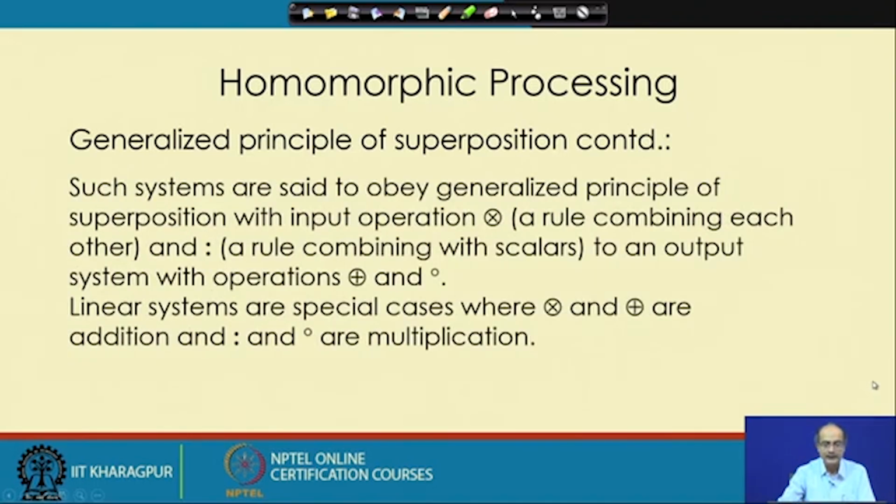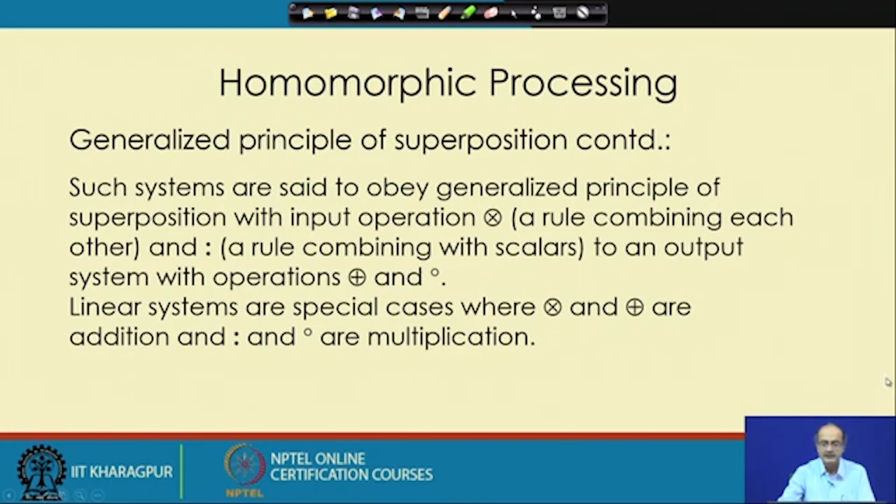Such systems are said to obey the generalized principle of superposition with input operator cross, a rule combining each other, that means a binary operator, and a colon, a rule combining with scalars, to an output system with operator plus and dot for the case of the scalar and the vector in the output space.